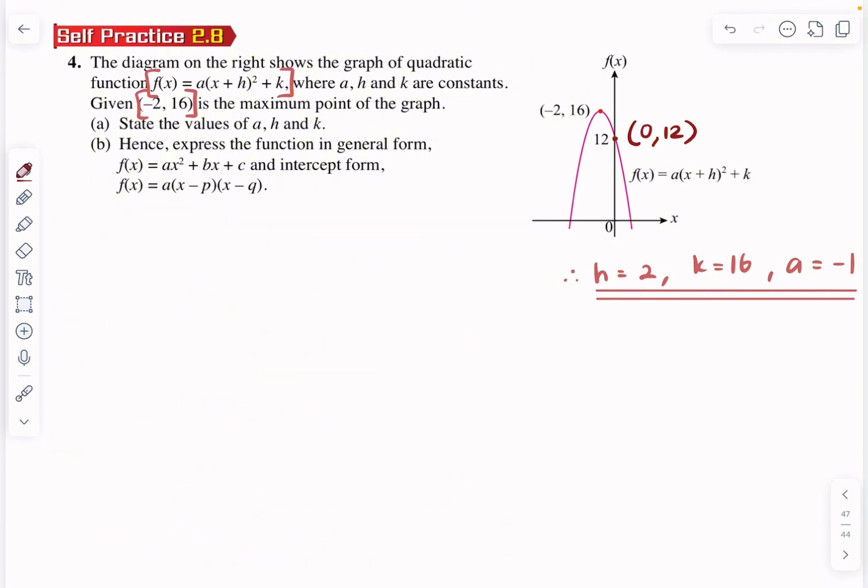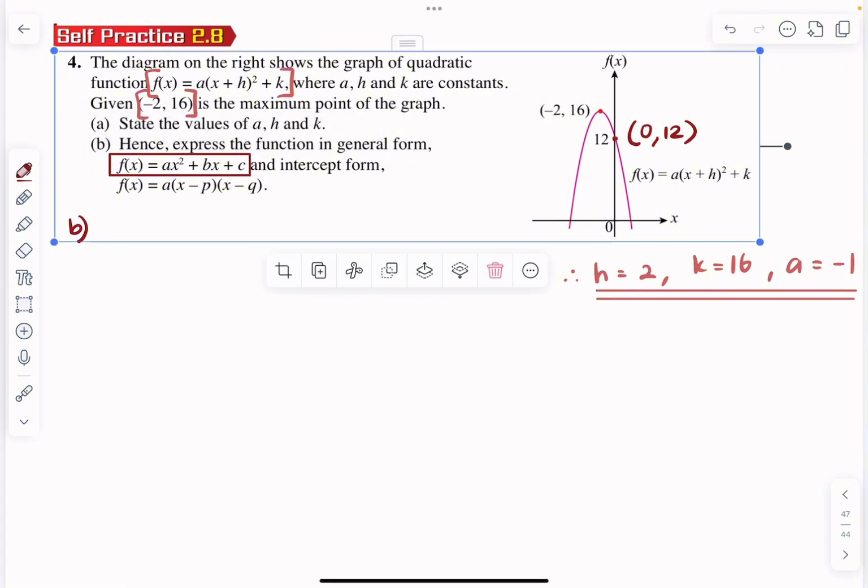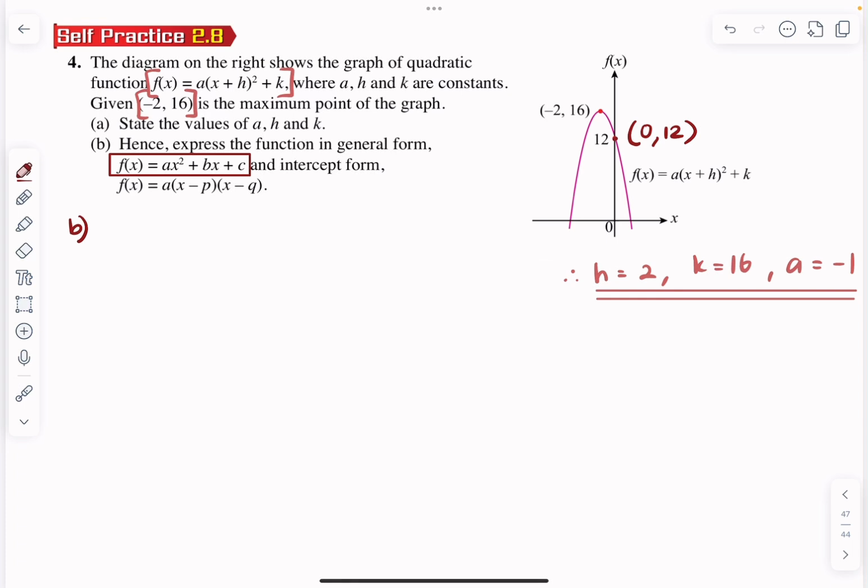Alright, let's look at B. Hence, express the function in general form and intercept form. Okay, let's look at the general form first. So we rewrite the function, this one, we put in the values.